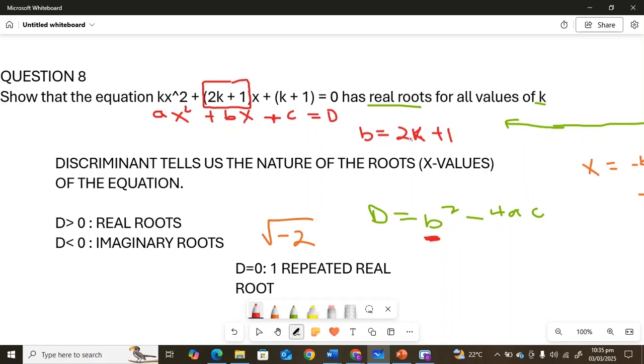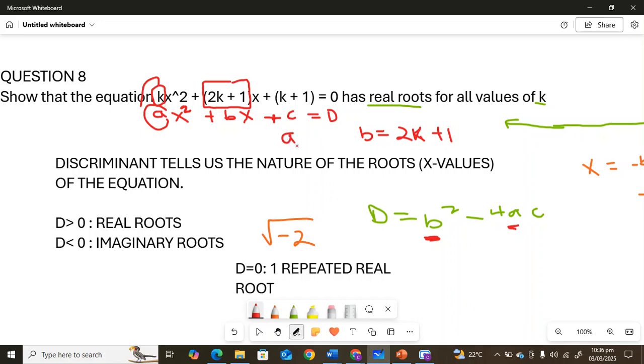X to the power 2. So our a, which is the coefficient of x squared, in this case is going to be this k here. This k comes before x squared.